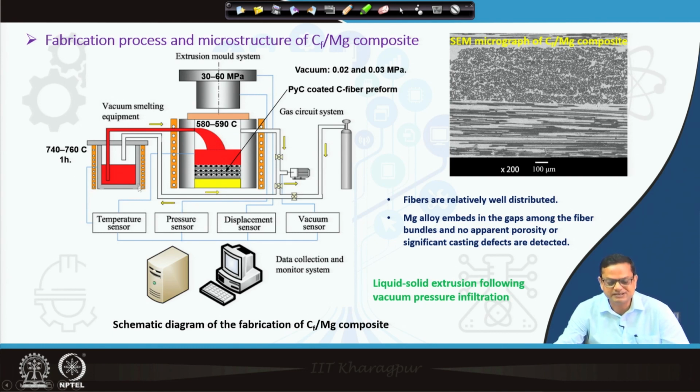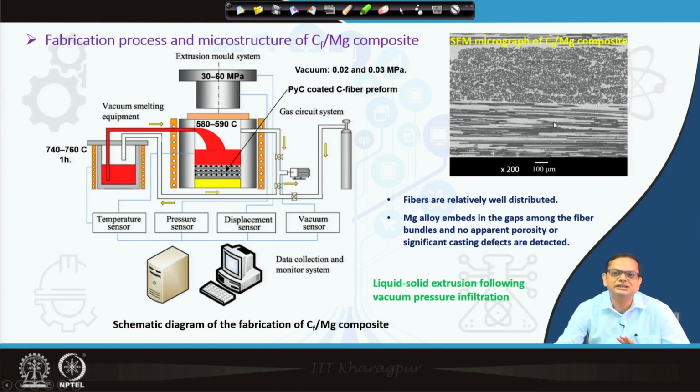So, that is the basic processing technique here, and once it is done, the microstructures have been shown here. You can see the fibers are relatively well distributed, and the magnesium alloy embeds in the gaps among the fiber bundles, and no apparent porosity or significant casting defects are detected.